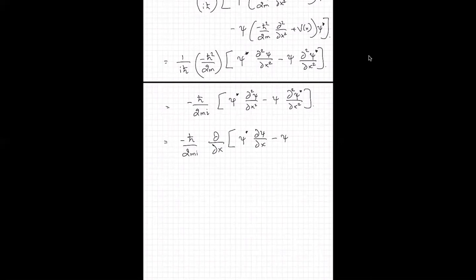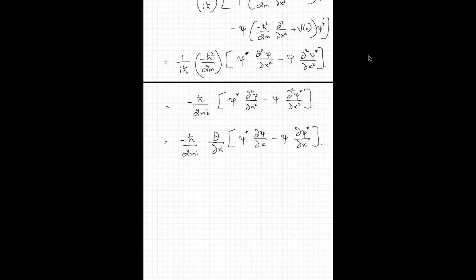Since I'm working in just one dimension, it's hard to set this up as a vector, but I'll show the generalization very easily. This can be written as d dx of psi star d psi dx minus psi d psi star dx.